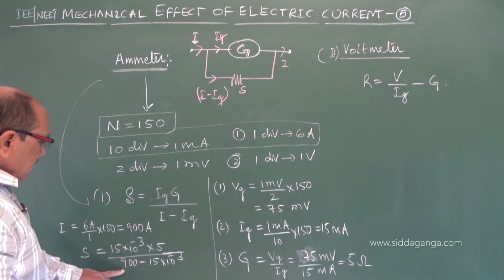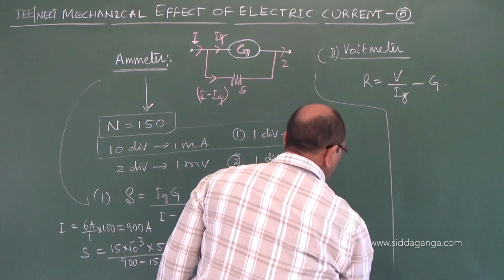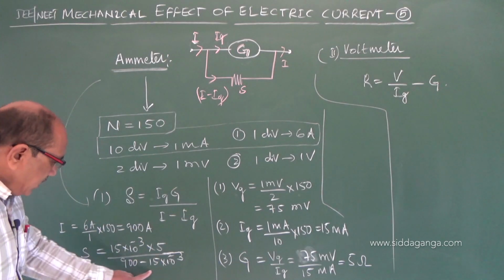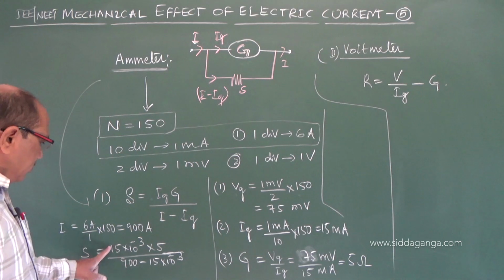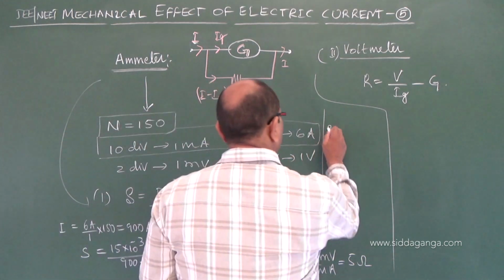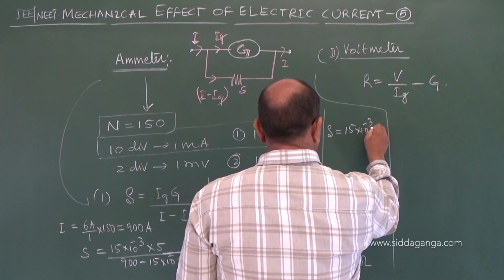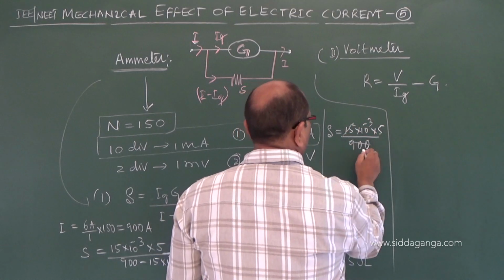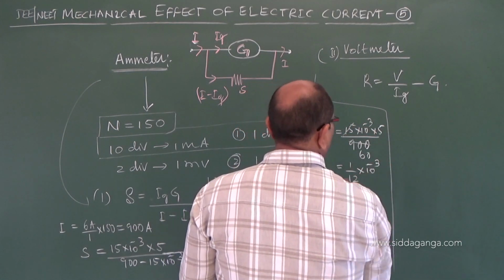This may be neglected because it is negligible in presence of 900. So I can write S is equal to 15 into 10 power minus 3 into 5 divided by 900, which is 1 by 12 into 10 power minus 3 ohm.